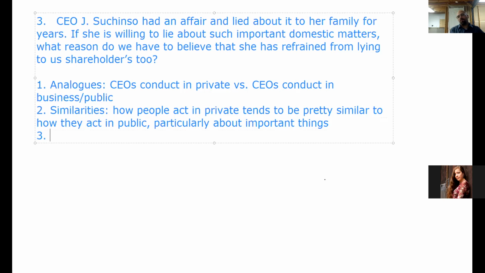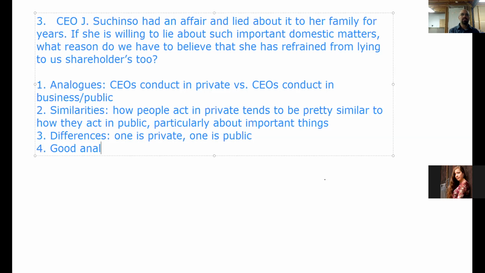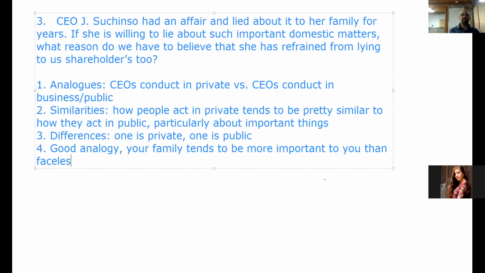How are they different? Well, one's private, one's public. People who framed it in this way came to the conclusion that this was a good analogy. Your parents or your family tend to be more important to you than faceless shareholders.